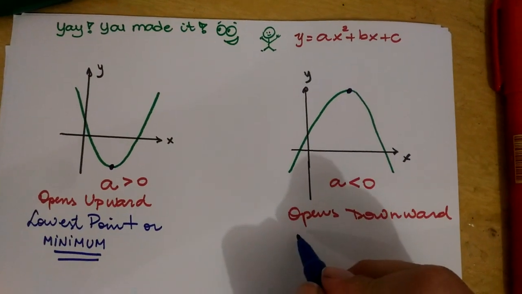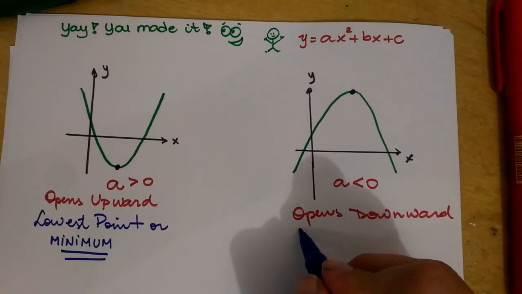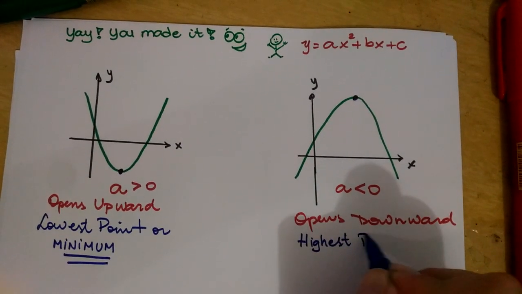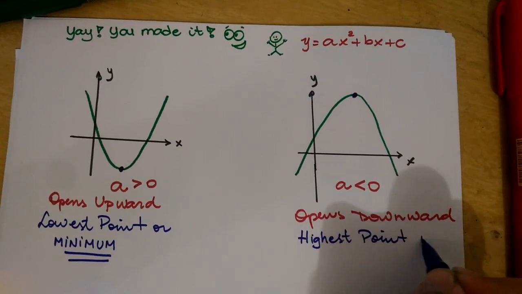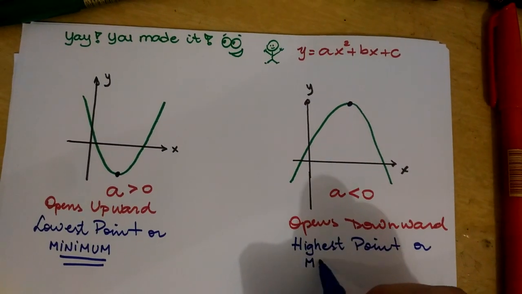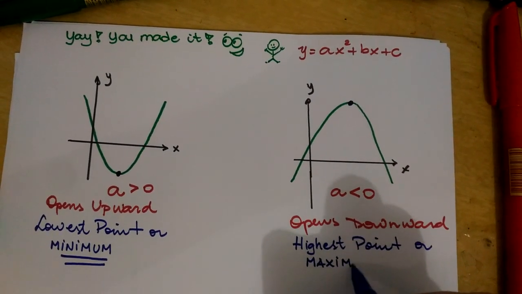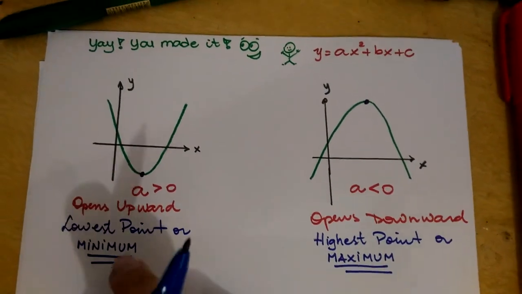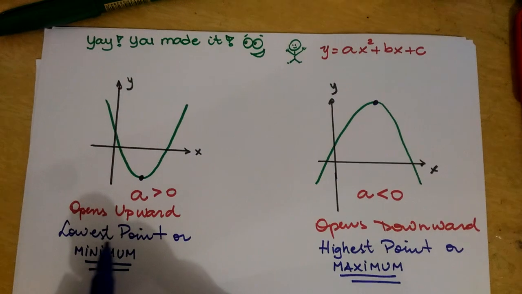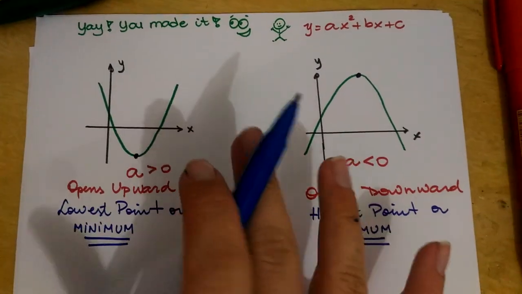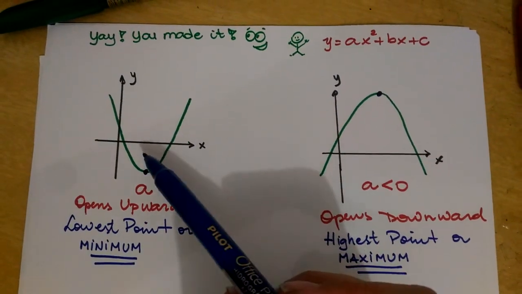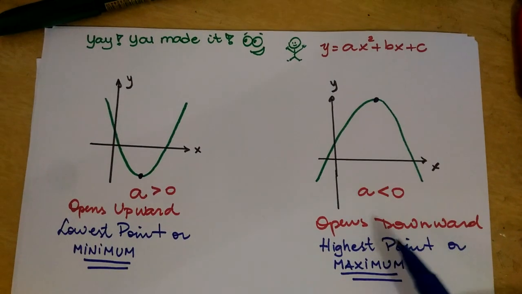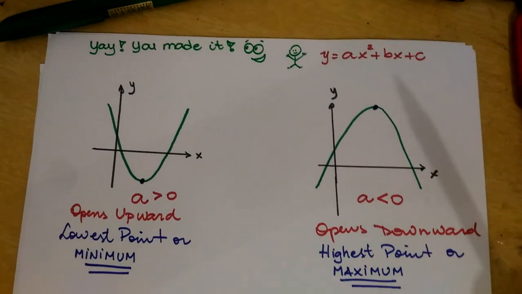In this case, it's called the highest point, most widely known as maximum. So this is the lowest point in your whole graph, and it's called minimum if your graph is positive, and this point is going to be the maximum or the highest point if your graph is negative.